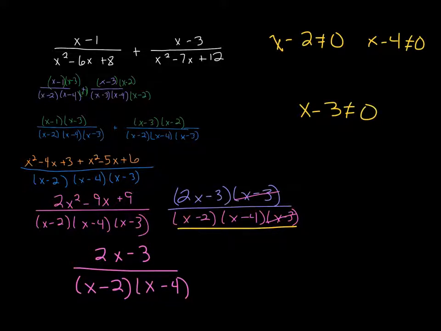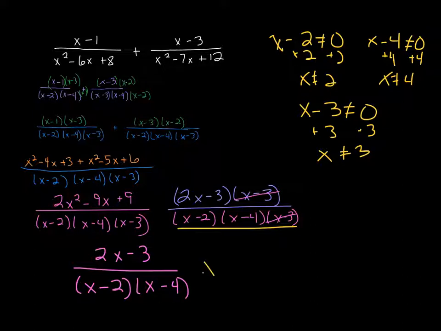So on the first one we add 2. So x cannot equal 2. Then we add 4. X cannot equal 4. And we add 3. So x cannot equal 3. So x cannot equal 2, 3, or 4.